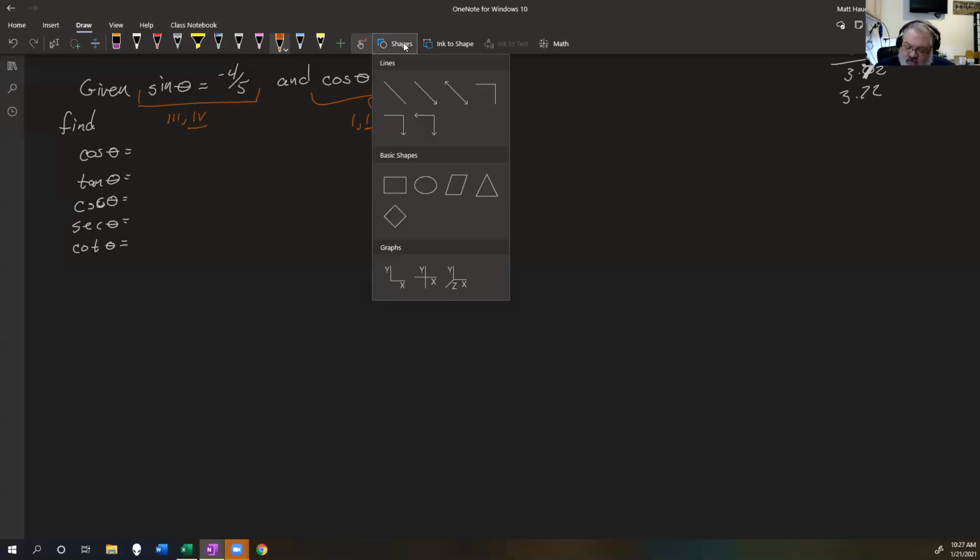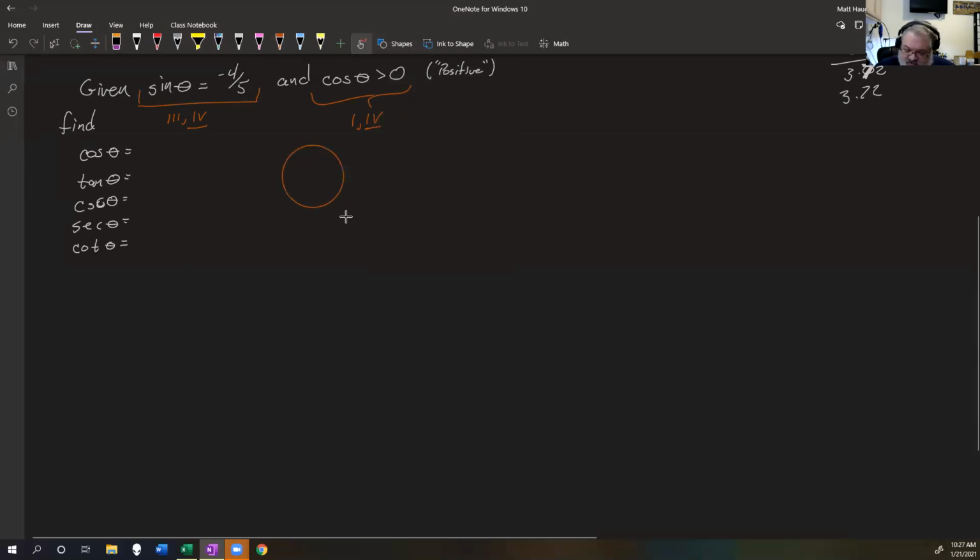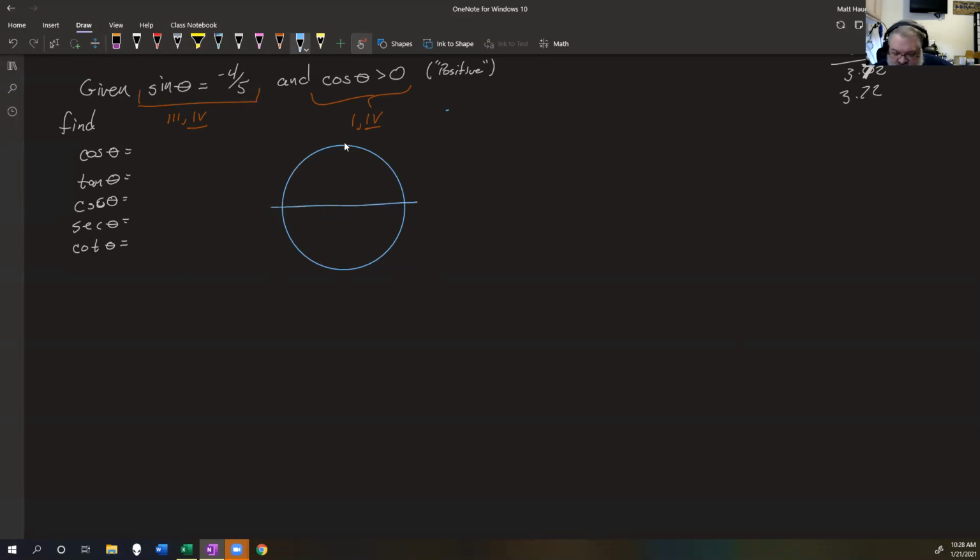Okay. So as with just about everything else, I'm going to push you guys to, whenever you do one of these kinds of problems, draw yourself a little circle. It ends up making a big difference after a while. So our angle is going to be somewhere in quadrant 4. Now I'm drawing it in a fairly arbitrary position.